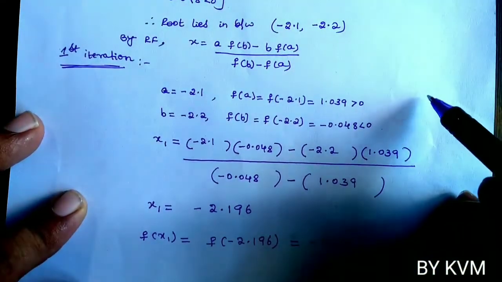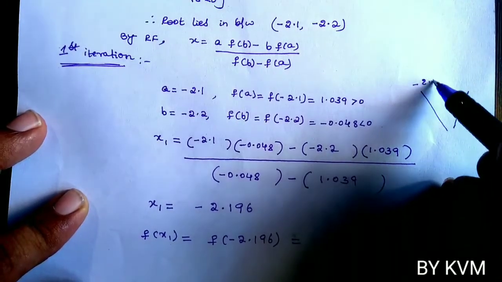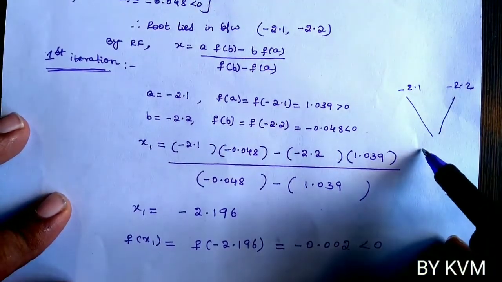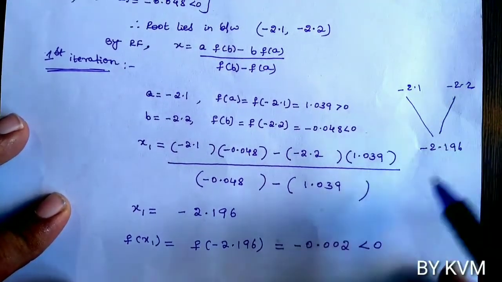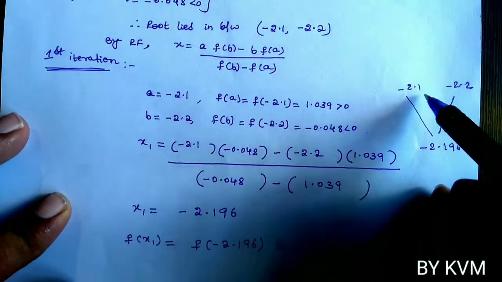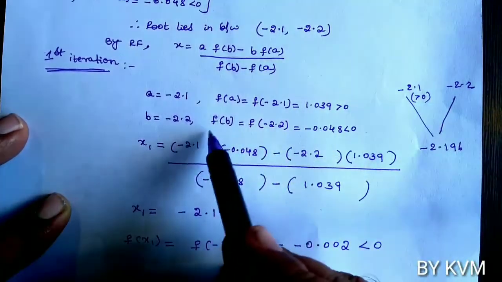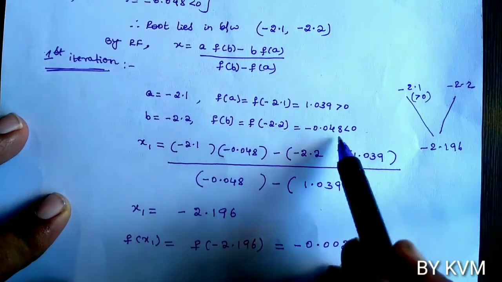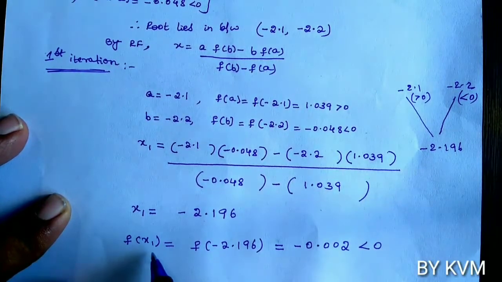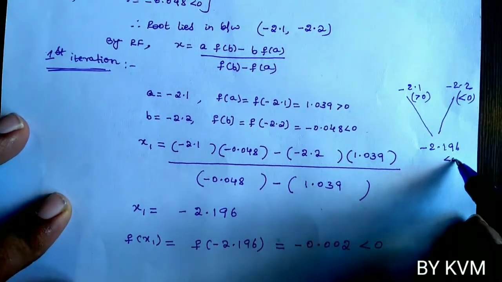Before the first iteration, the root lies in between minus 2.1 and minus 2.2. So the new root is minus 2.196. For minus 2.1, the functional value is greater than 0. For minus 2.2, f of minus 2.2 is less than 0. For x1, f of x1 is minus 0.002, less than 0.